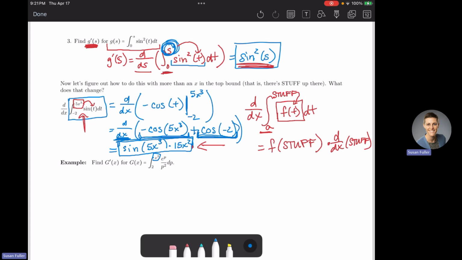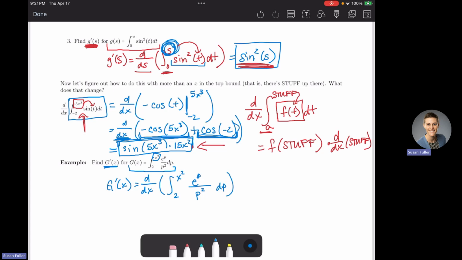Okay, so this says I want to find g prime of x, given that this is what g is. Well, g prime of x is the derivative of g. And g is this integral from 2 to x squared of e to the p over p squared dp.